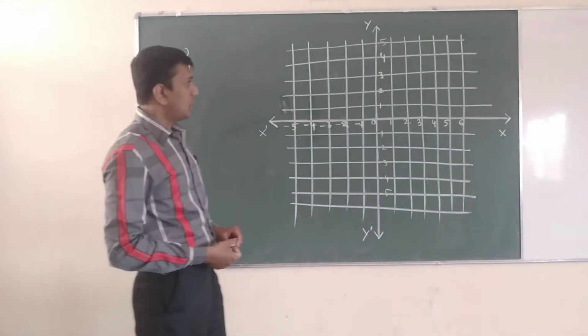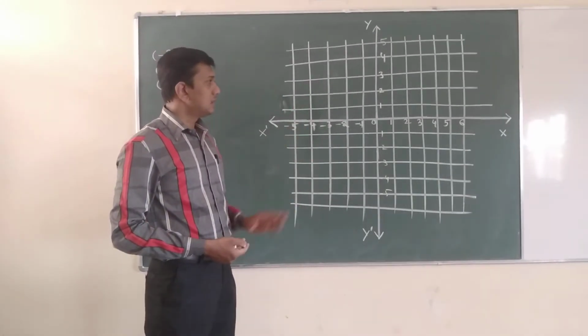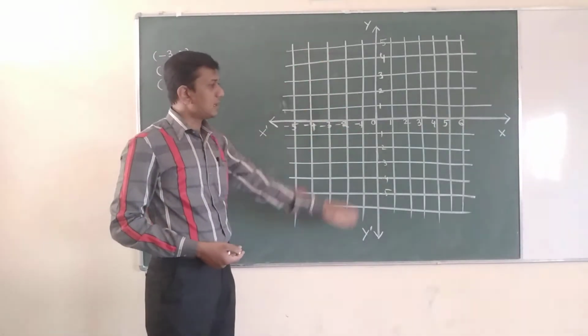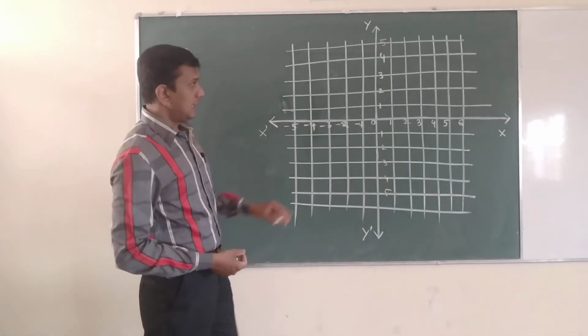So you can see I have a graph on the board. This horizontal line is called the x-axis, and the vertical line is called the y-axis.